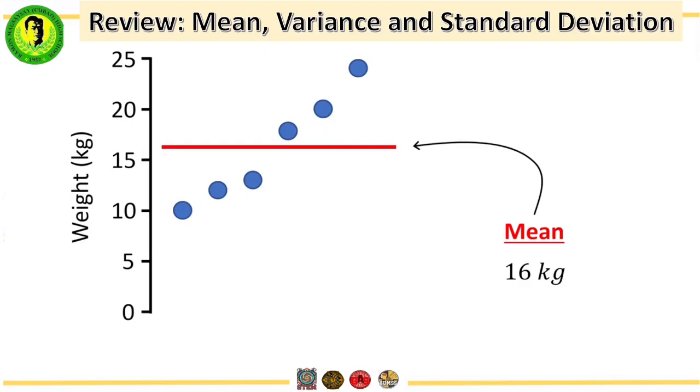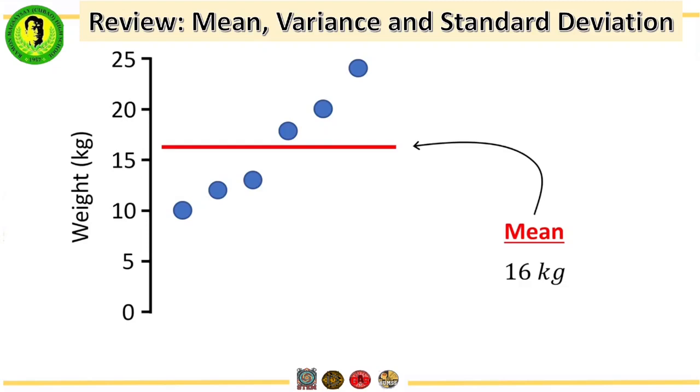Some of the data are close to the mean and others are far away from the mean. So that is the purpose of variance and standard deviation. We will create a graphical representation of how close or how dispersed the data are from the average.